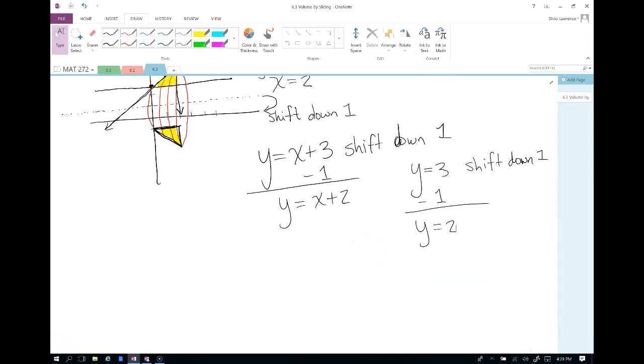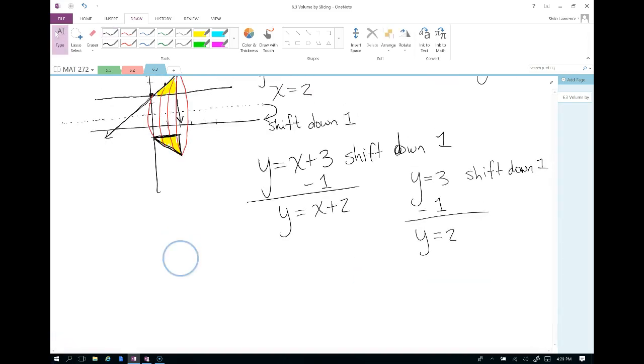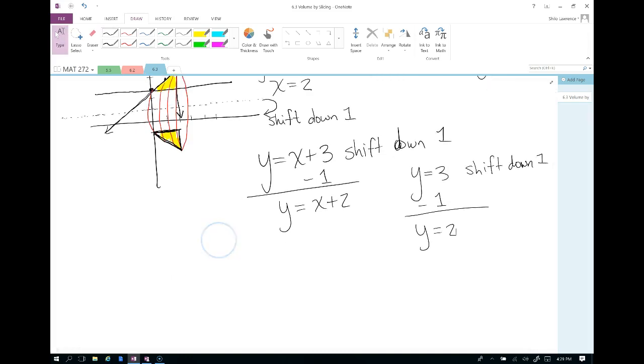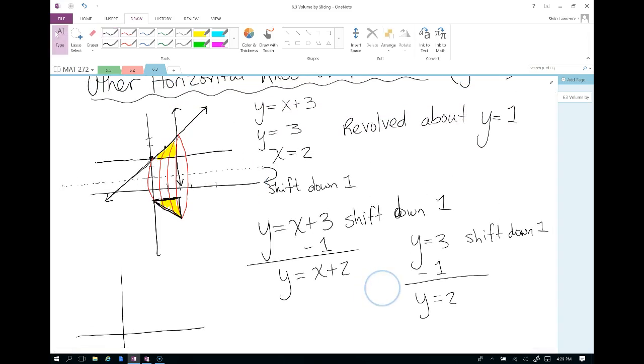If we look at the solid that these two new graphs make, it's going to end up being the exact same solid we just had, but shifted down 1 unit. And that's going to make our axis of revolution, which we technically also should subtract 1 from. If we do that, we get y equals 0, which is the x-axis.